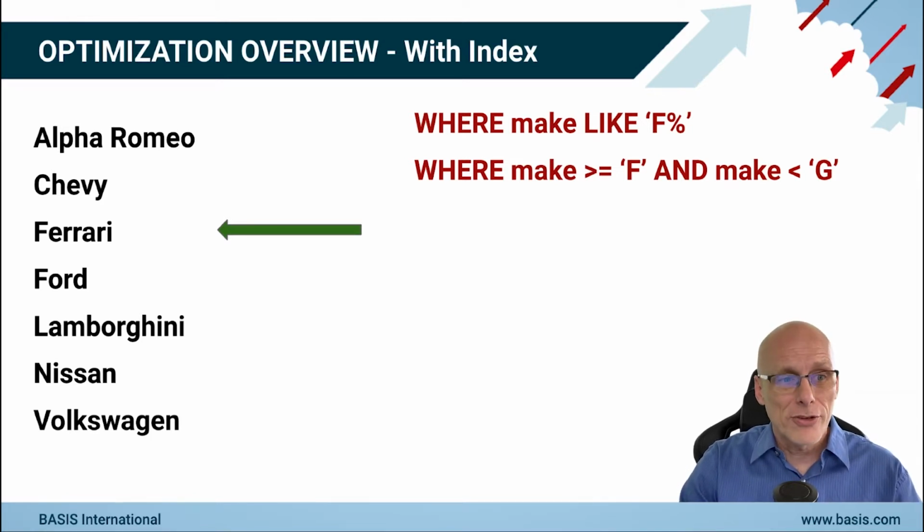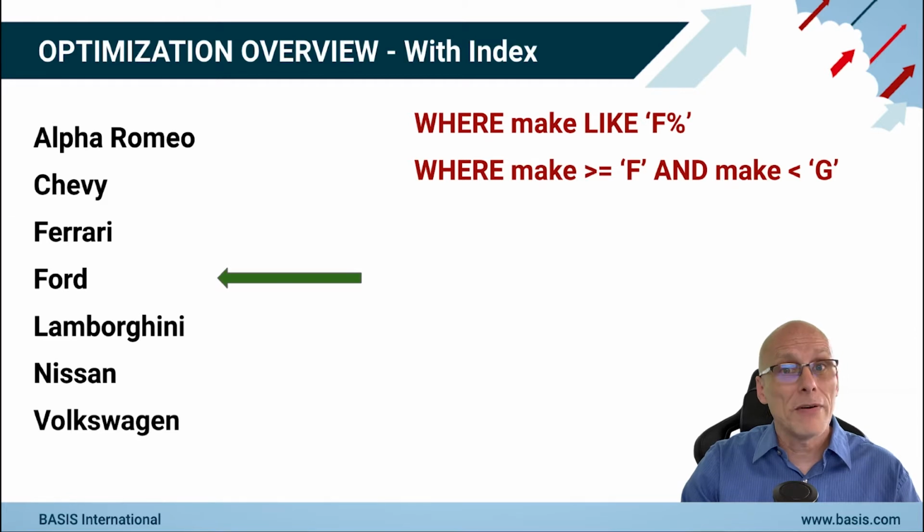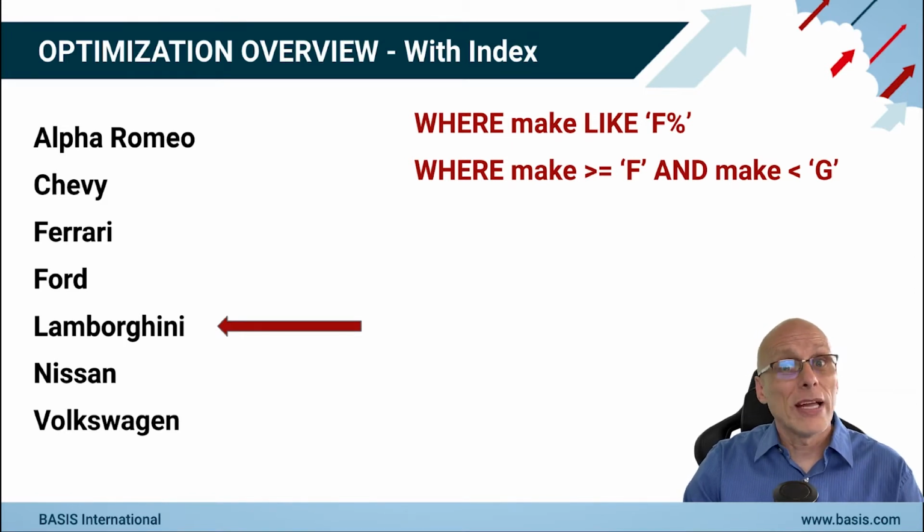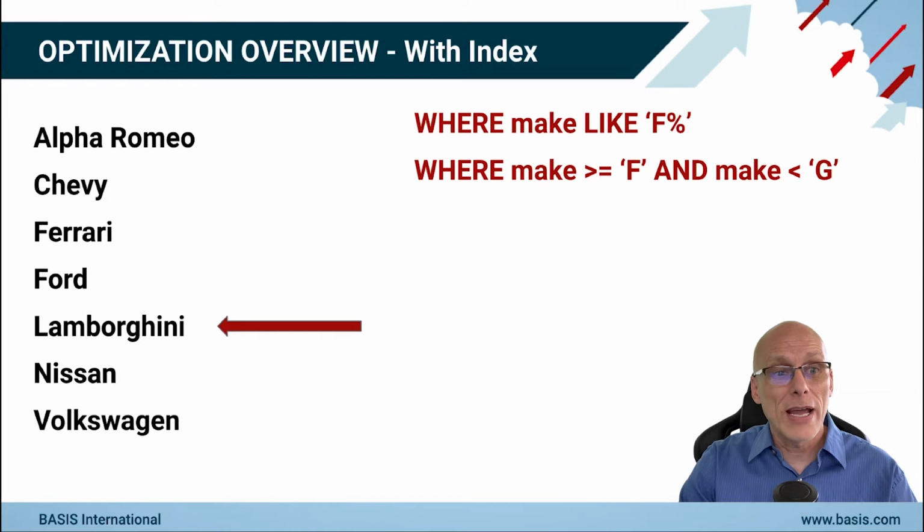But as you can see, we jump to the first F, we read it, it's an F. We read the next one, it's also an F, it matches, good deal. We read one more and we discover it's greater than G, it's outside the range. So we know that every other value after that is also going to be outside the range, so we can stop reading there.